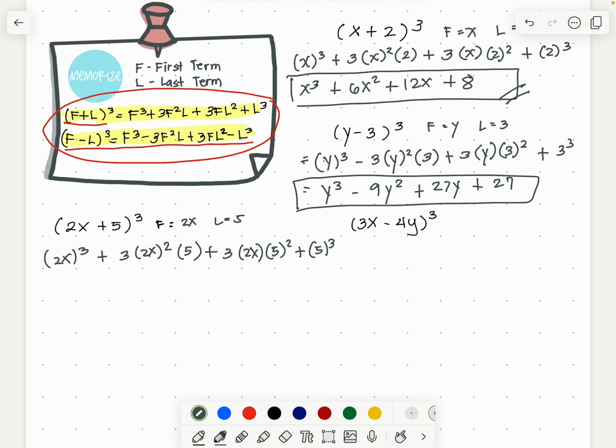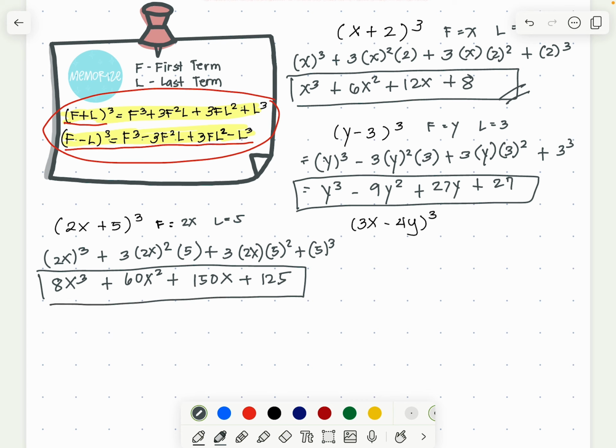So in here, you have 8x cubed plus 4 times 3, 12 times 5, then you get 60. So 60x squared plus you have 25 times 3, 75 times 2, you have 150. So that would be 150x plus 125. So this one 5 times 5, 25 times 5, so 125. So this is your final answer.